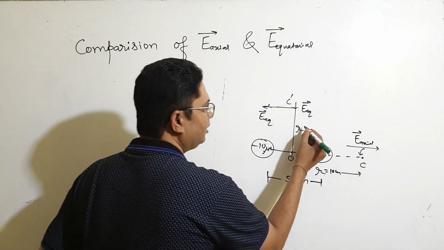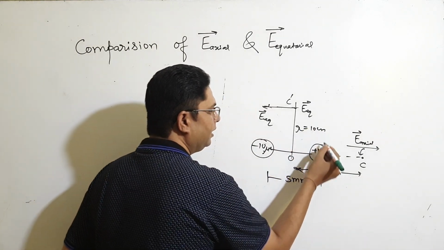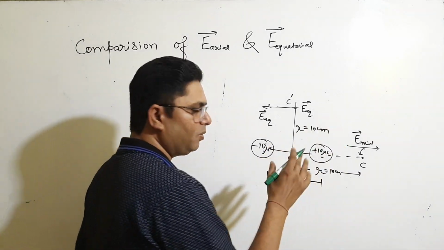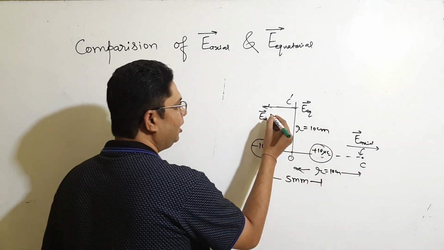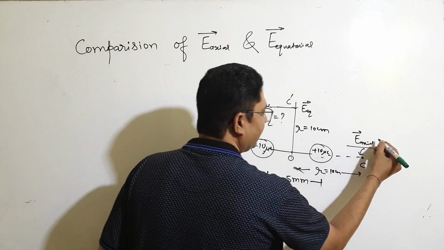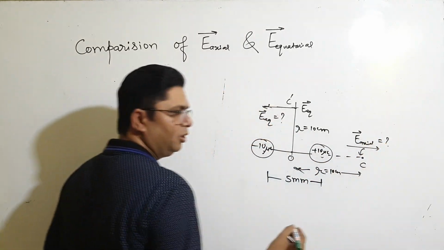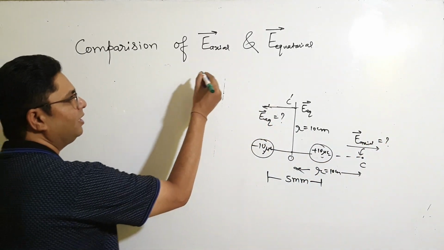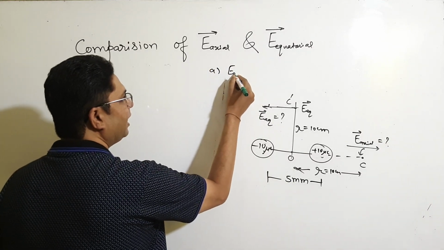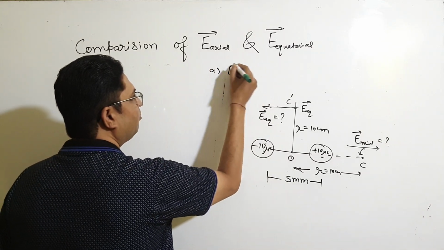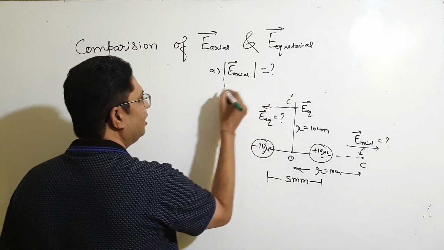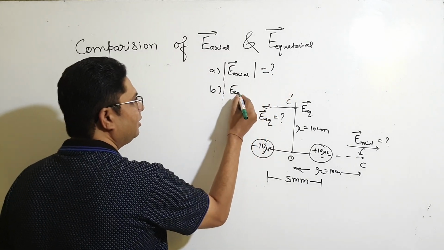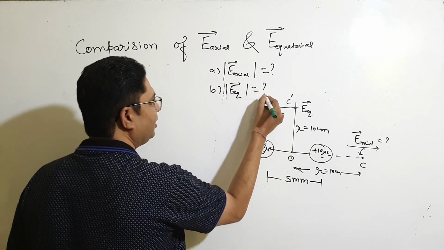Here also r is equal to 10 centimeter. Then in this type of question you have to find E equatorial and E axial magnitude. So what you have to find? You have to find number A, E axial magnitude, and number B, E equatorial magnitude.